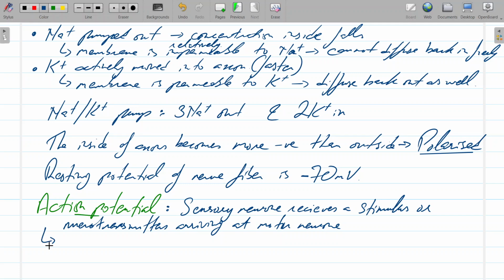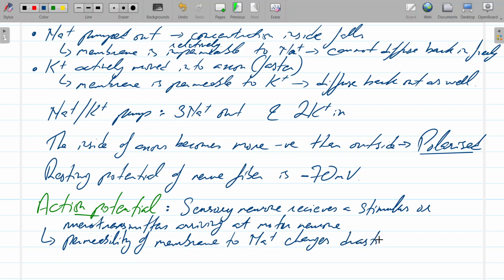And so in either case, the permeability of the membrane to sodium ions changes, as the word they use, drastically. That's like a huge change.